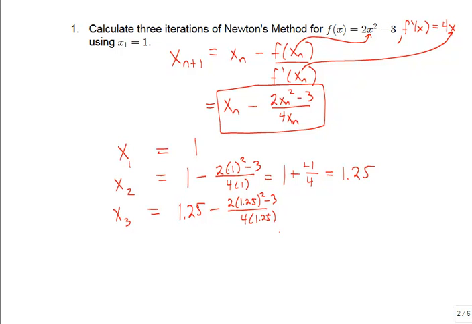Now at this point the decimals are going to get a little too messy for us to do by hand. So what we're going to want to do is pull out the calculator, and I'm just going to go ahead and type this all in to my calculator. But because this is a fraction over here, you want to be a little bit careful. When we type this into the calculator, we want to make sure that we use parentheses around the numerator and parentheses around the denominator, so that we're making sure to divide all of this top by both of these things in the bottom. Okay, so let's go ahead and pull up the calculator.